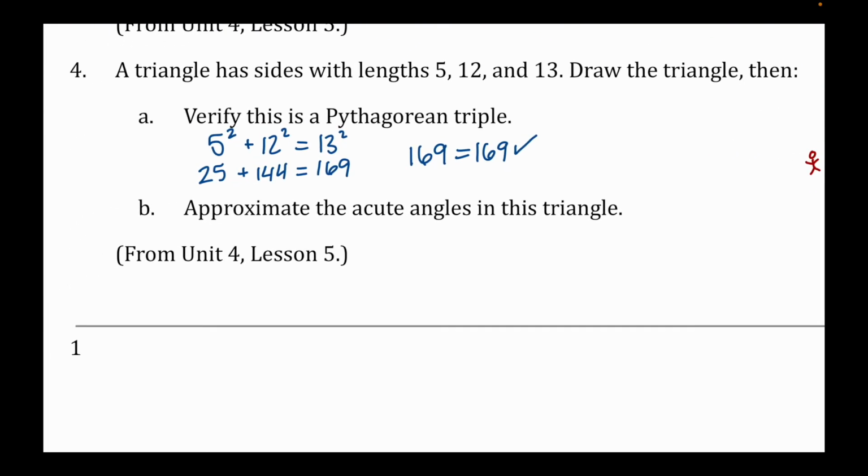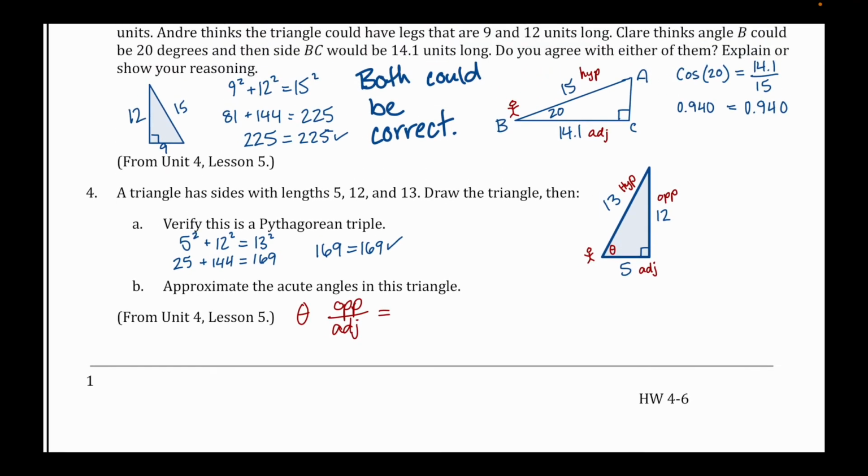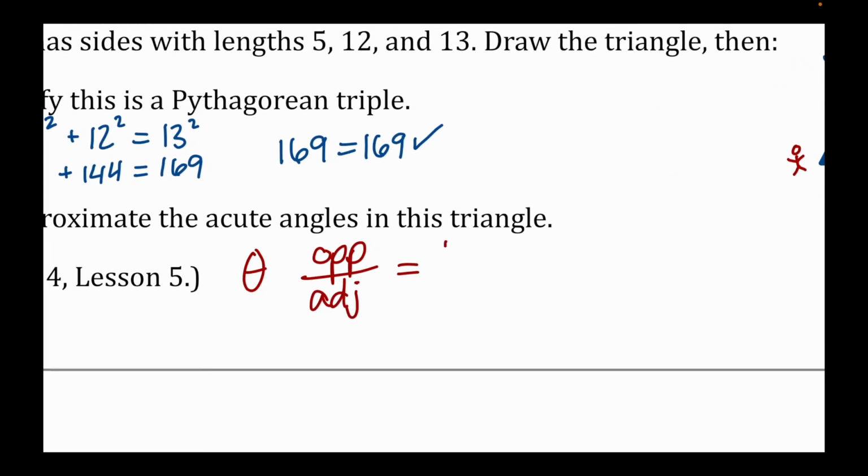So for theta, opposite over adjacent, and that's going to be, in our case here, the 12 divided by the 5. So 12 over 5.